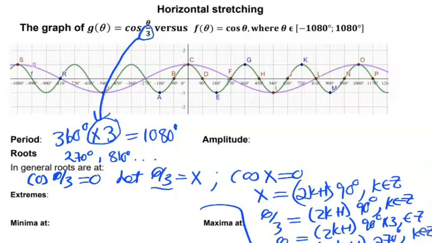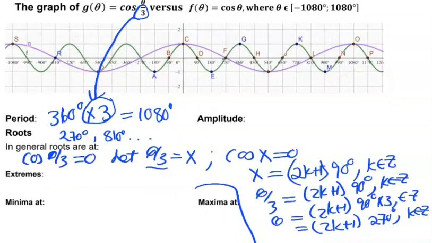And you can check if k is 0, I've just moved the page down a little bit. You can check if k is equal to 0, you'll get the first root that happens at F, and if k is equal to 1, it will give you 3 times 270 degrees, which will give you 810 degrees, and so forth.